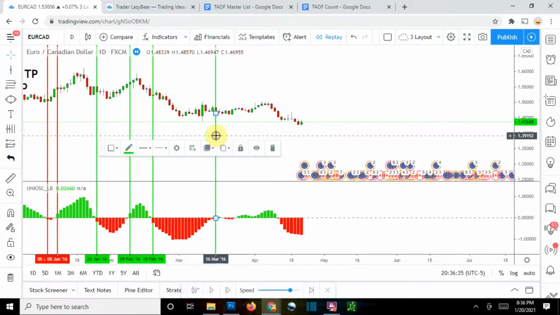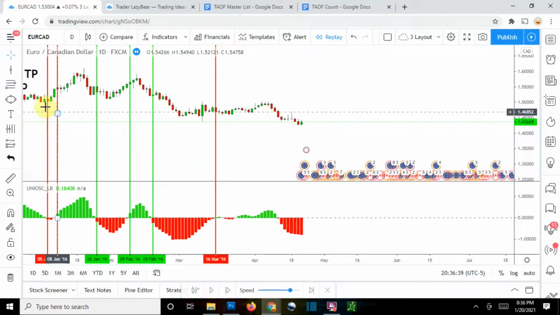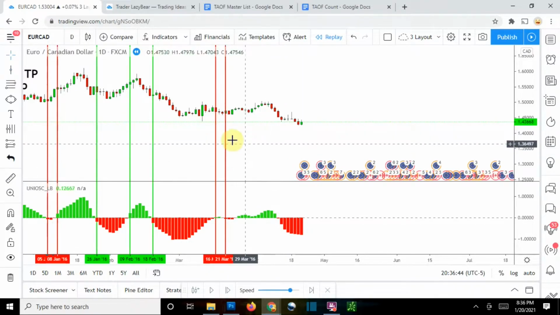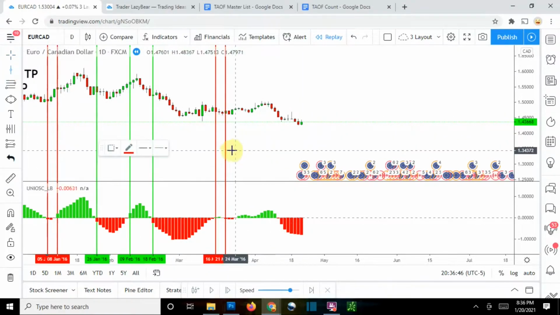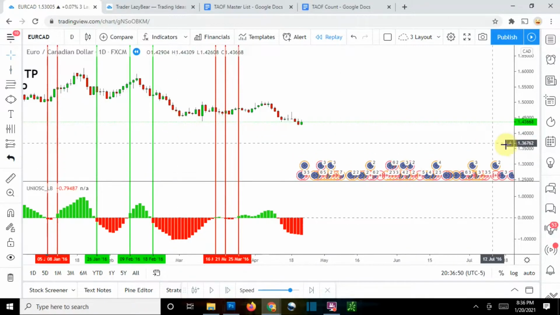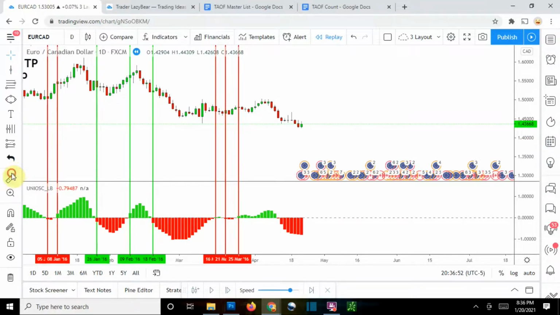Pick up a long right here for just a moment, and unfortunately almost immediately pick up a short right there, and then almost immediately pick up a long over here on this side. It does look like we may have gotten stopped out. Yep, we did. Unfortunately, we got stopped out on that long side.